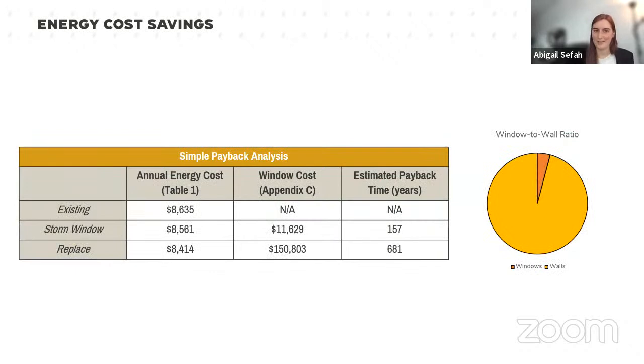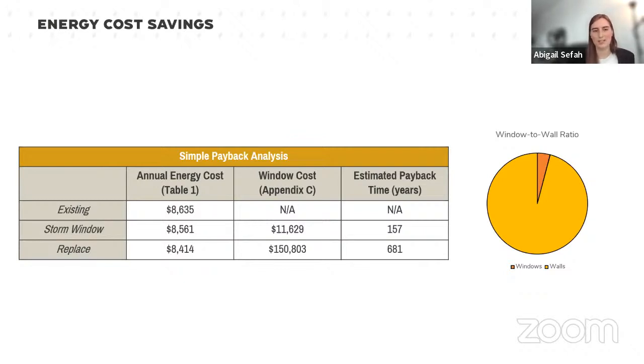The university asked us to provide them with an estimated payback time for each of the options. So you can see on the left that we do have a little bit of cost savings annually, but it's very small. And the cost of the windows themselves are very high. And so therefore, our estimated payback time is in the hundreds of years.